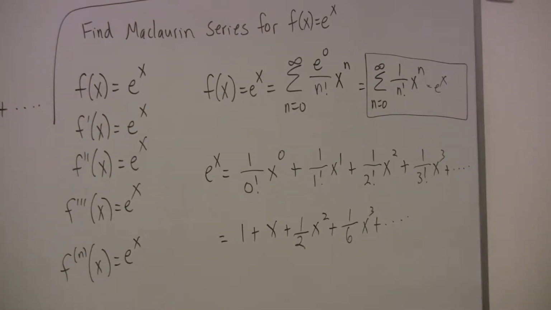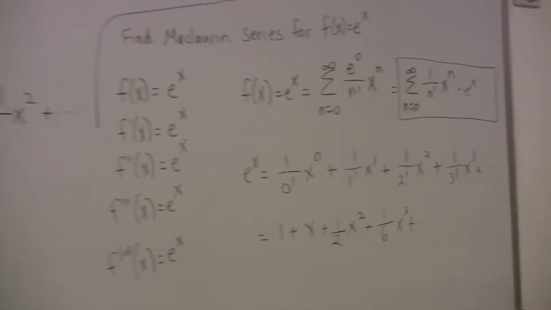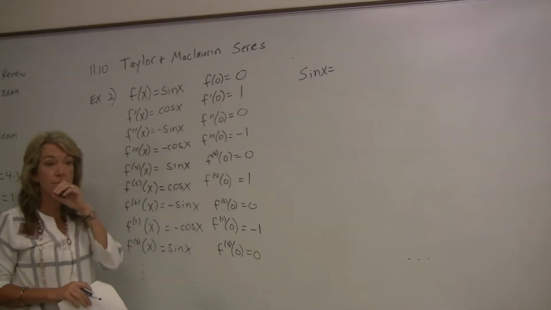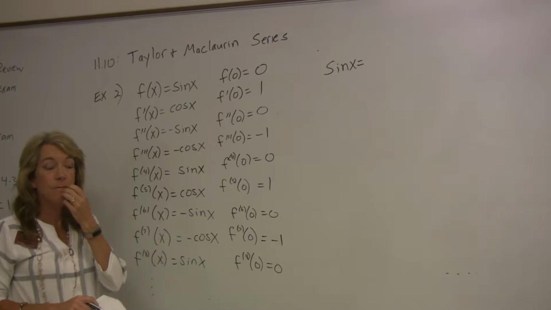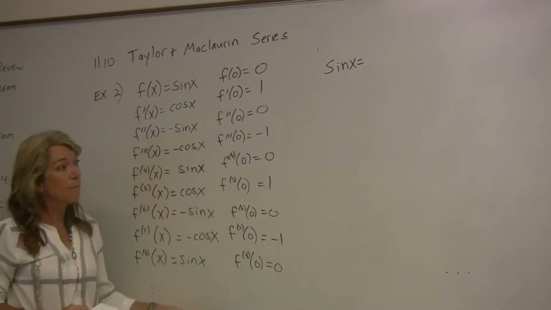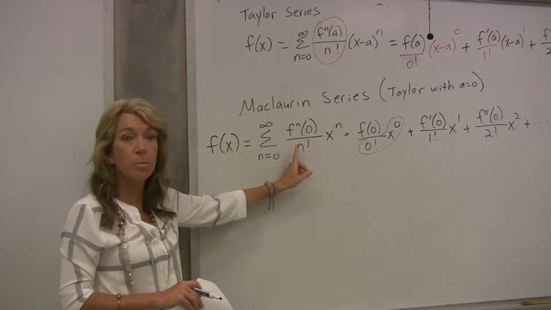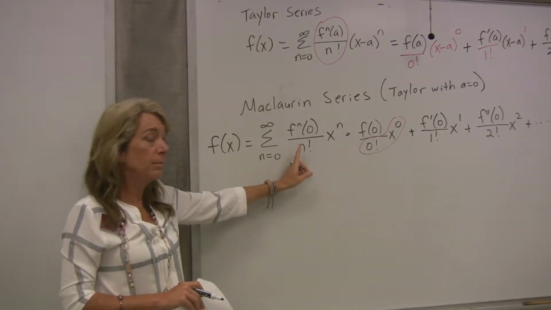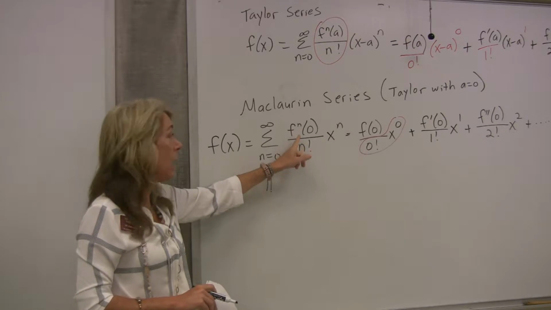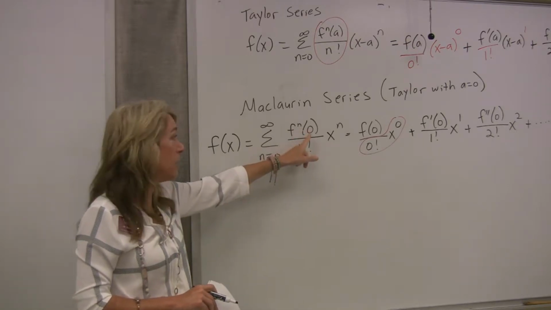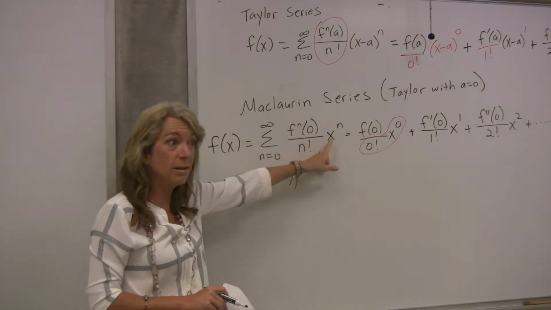So what am I going to start with? What do I start with? Is it sine of 0 over 0 factorial? The function evaluated at 0 over 0 factorial x to the 0.